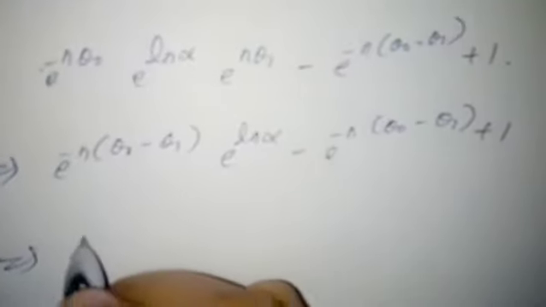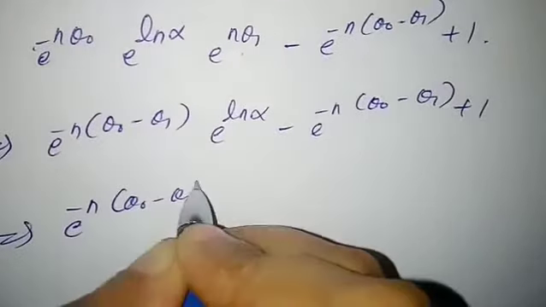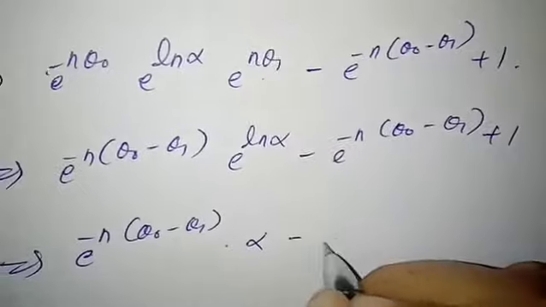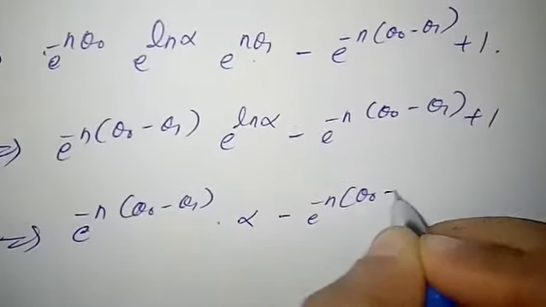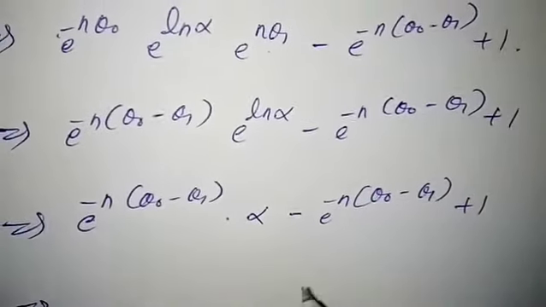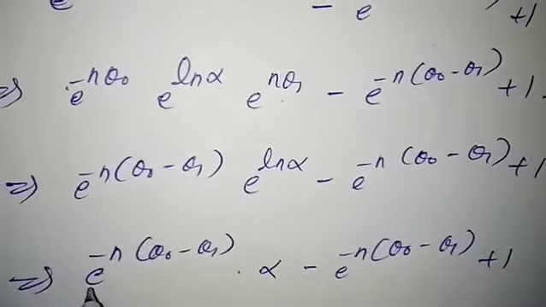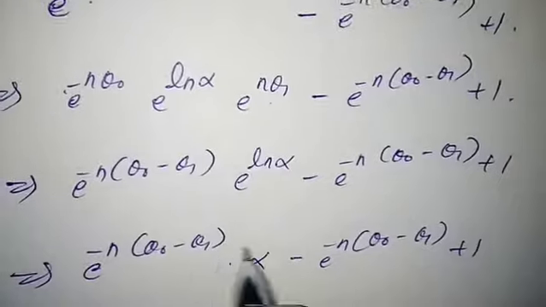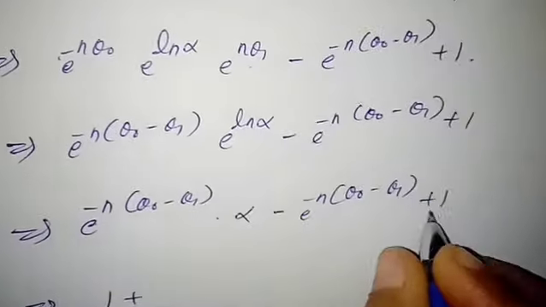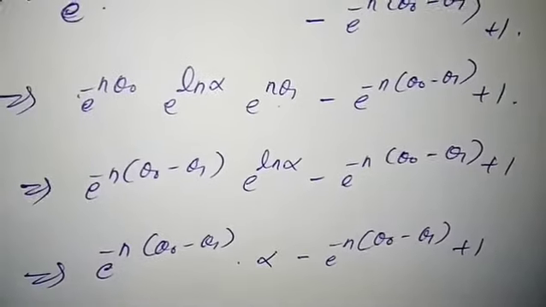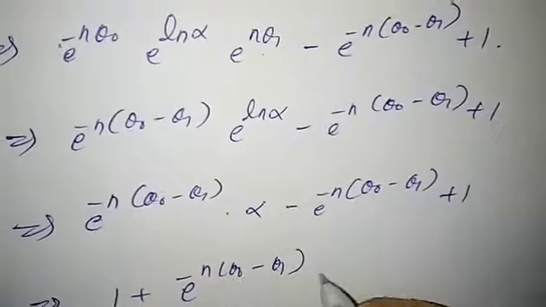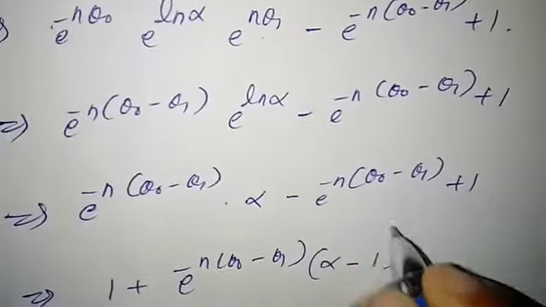What is e power ln alpha? That is alpha. So e power minus n theta naught minus theta 1 alpha minus e power minus n theta naught minus theta 1 plus 1.